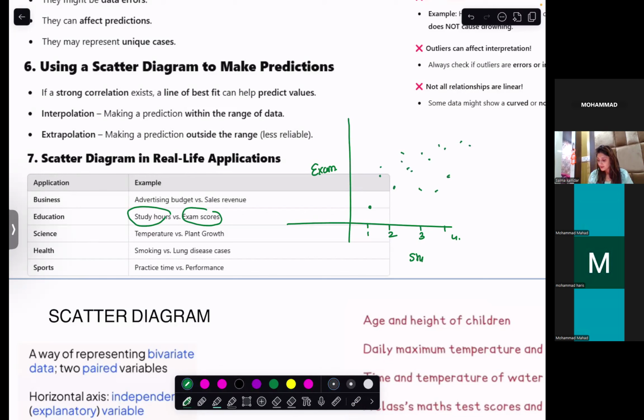When I plot the points on an XY axis, I make a line of best fit which looks like that. With the help of this, I can predict what can happen if somebody studies for 2.5 hours. They might get an exam score equivalent to this.